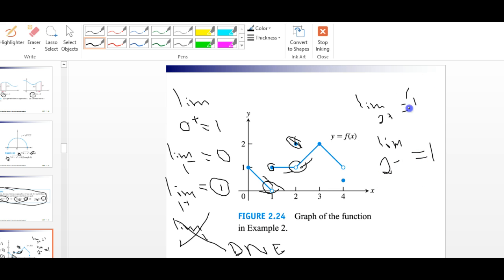They are equal. So the limit at 2 is also equal to 1. The left limit is 1, the right limit is 1, so the limit at 2 is also equal to 1.